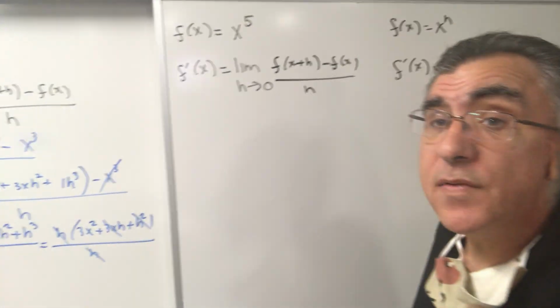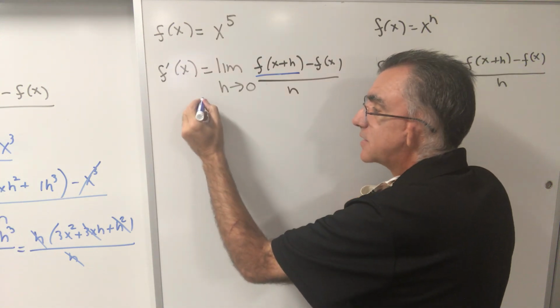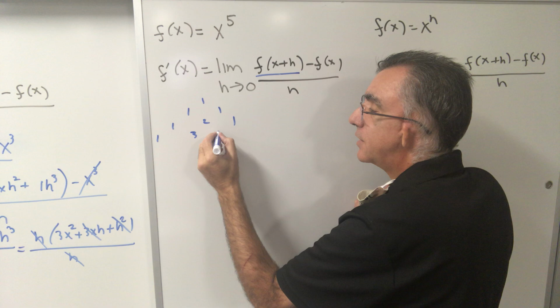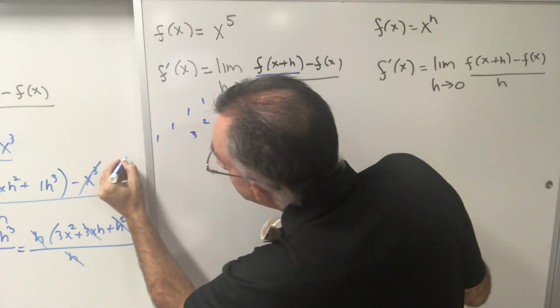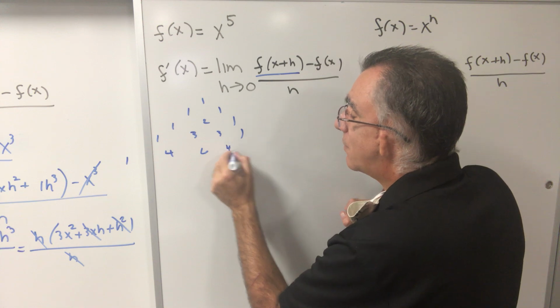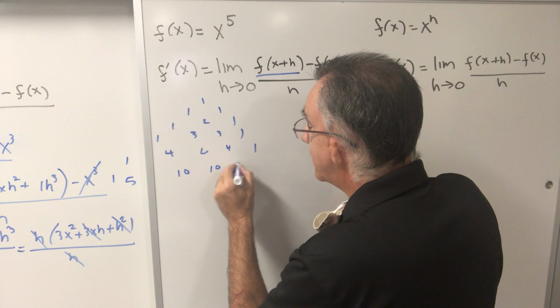Okay. What if I do x to the fifth? So if I want to FOIL that out, I want to use Pascal's triangle. 1, 1, 1, 2, 1, 1, 3, 3, 1, 1, 4, 6, 4, 1, 1, 5, 10, 10, 5, 1.